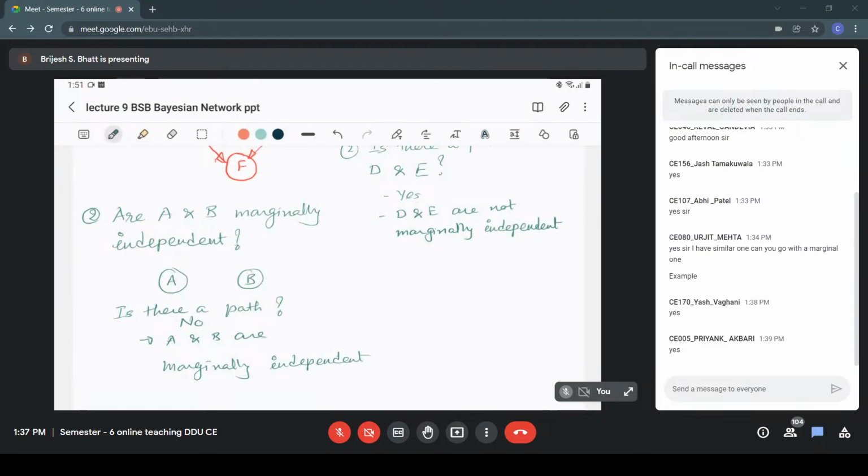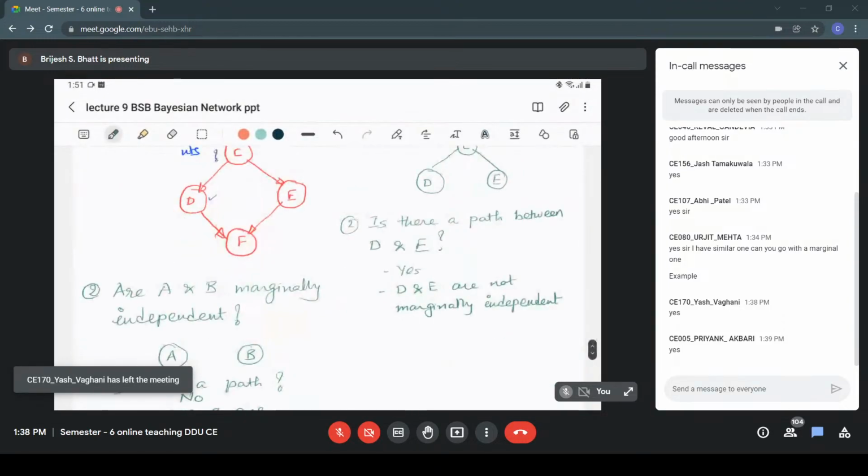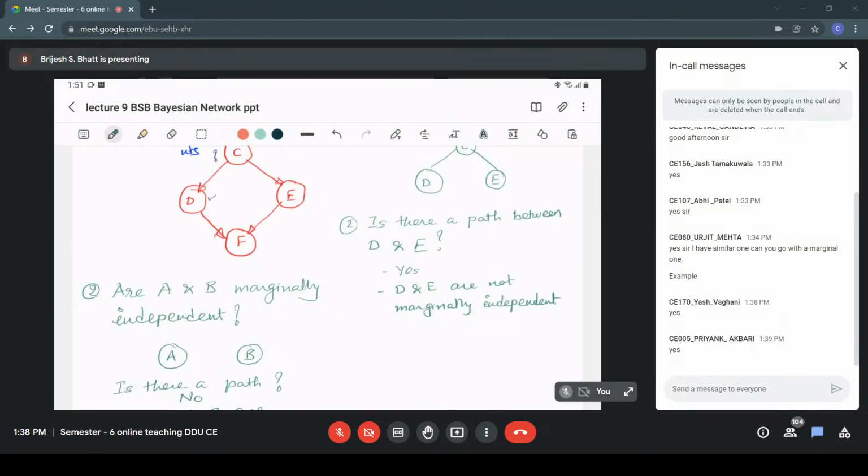So I think I have answered the question. The process remains the same. It is the same as conditional independence. But when you talk about conditional independence, there is a third variable also on which you want to check the condition. So if I ask the question about conditional independence, I would ask, are D and E conditionally independent given C? Or are A and B conditionally independent given C? In that case, your graph will be different. And since your graph is different, your answer will also be different because there will be a path.